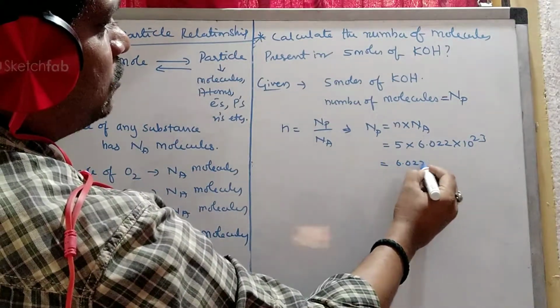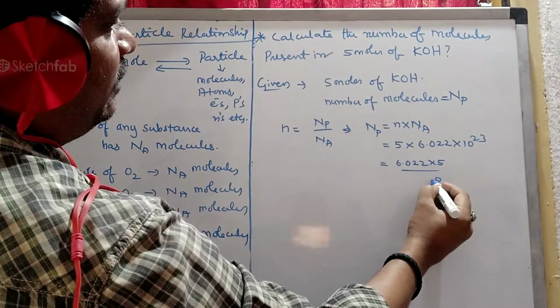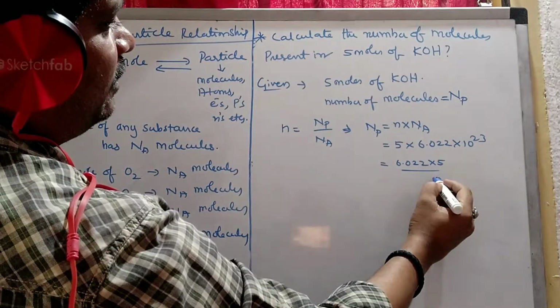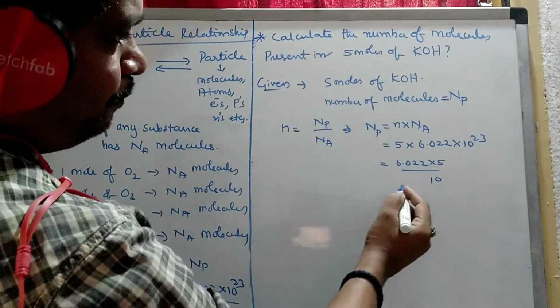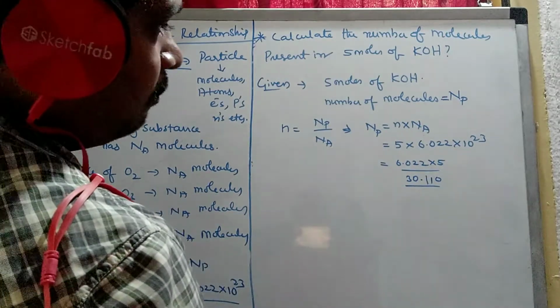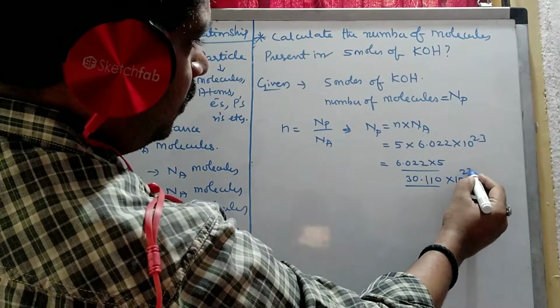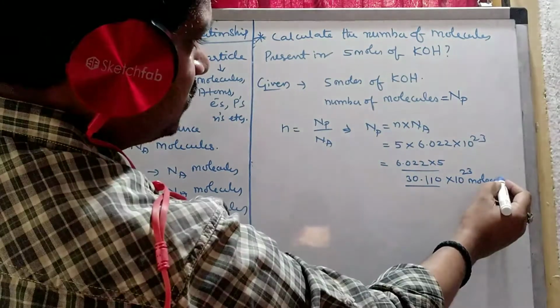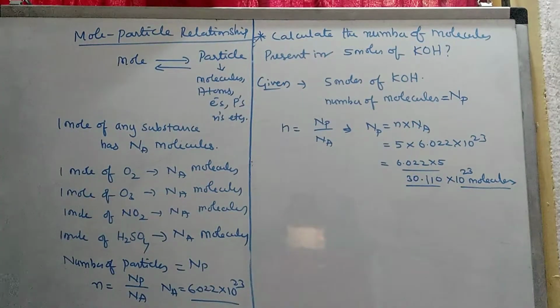So 6.022 into 5, how much will you get? 30.110 into 10 power 23 molecules are present. This many molecules are present in 5 moles of KOH.